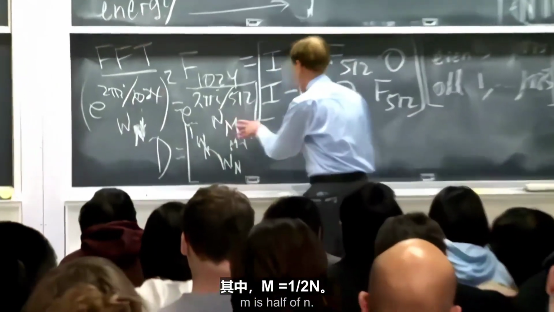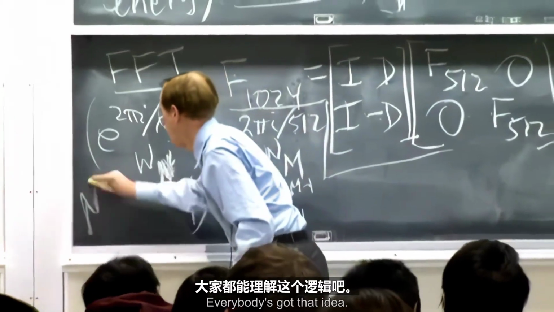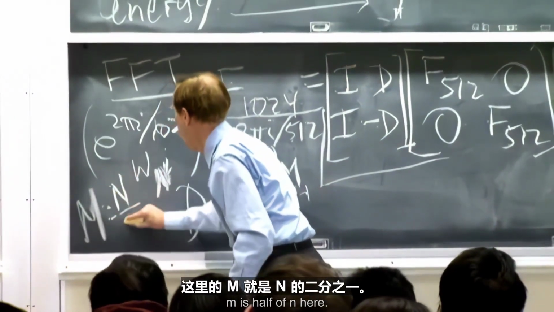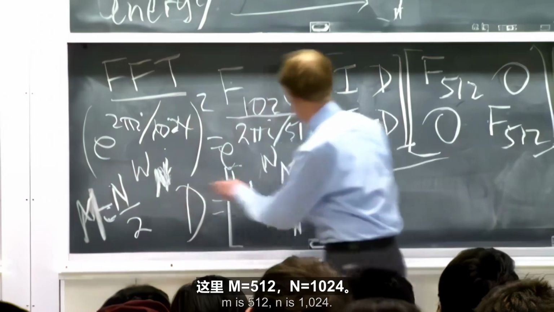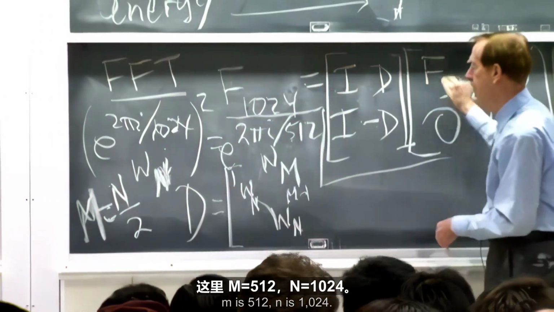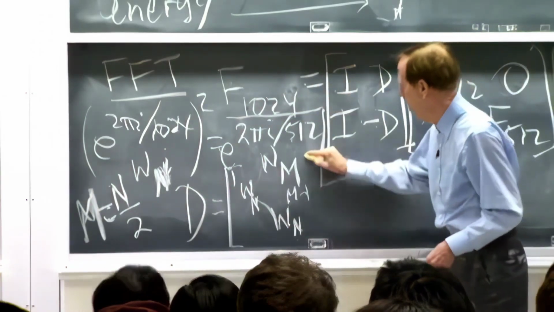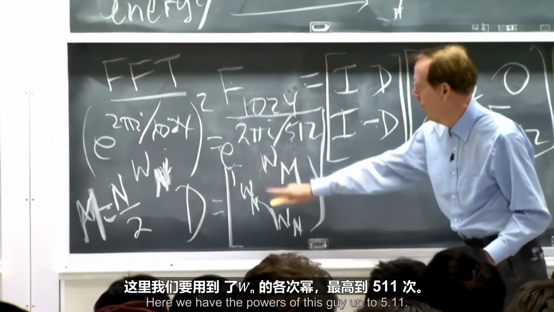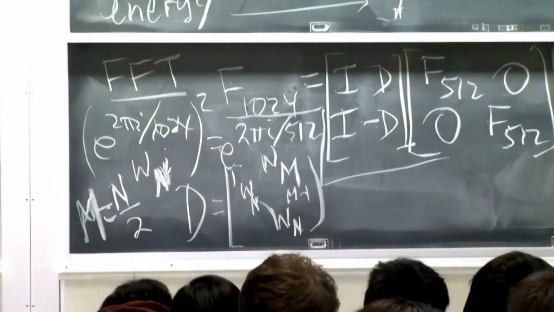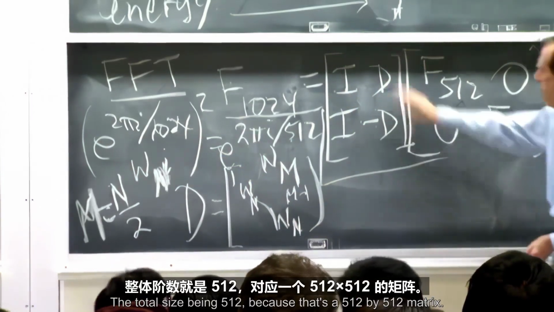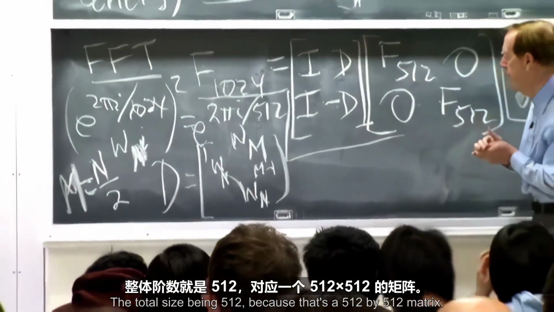M is half of N. Everybody's got that idea. M is 512, N is 1024. Here we have the powers of this guy up to 511. The total size being 512, because that's a 512 by 512 matrix.